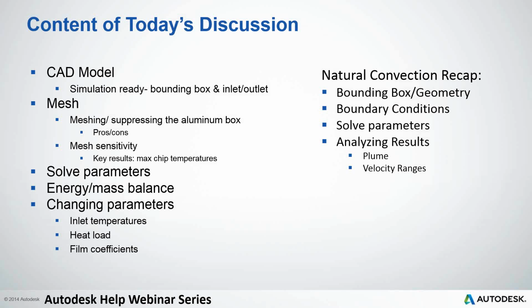So this was me trying to play the role of a design engineer where your design question is, what's the highest inlet temperature at the inlet of the fan that this thing can operate at without chips getting way too hot, and what's the criteria for chip temperature there. And after that, Marwan is going to touch on a natural convection recap.